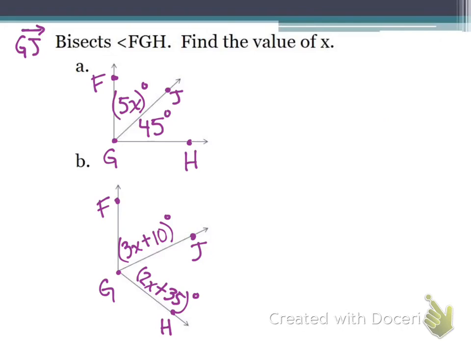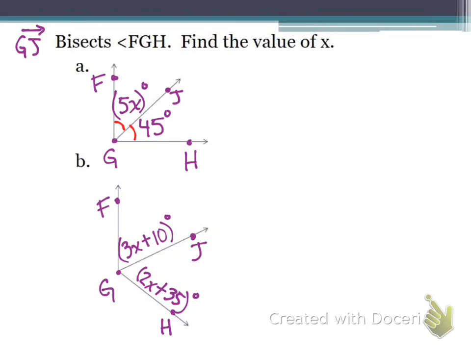All right, on these problems, ray GJ is bisecting angle FGH, and we are asked to find the value of x on both problems. If we have a bisector, just like when we had segments, we know that it splits it down the middle. So we end up with two congruent angles.